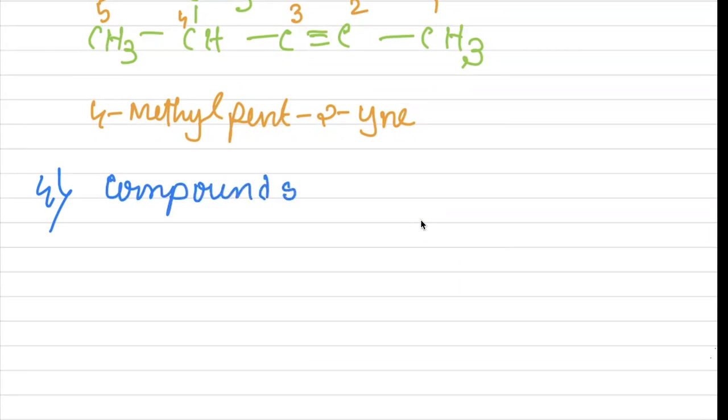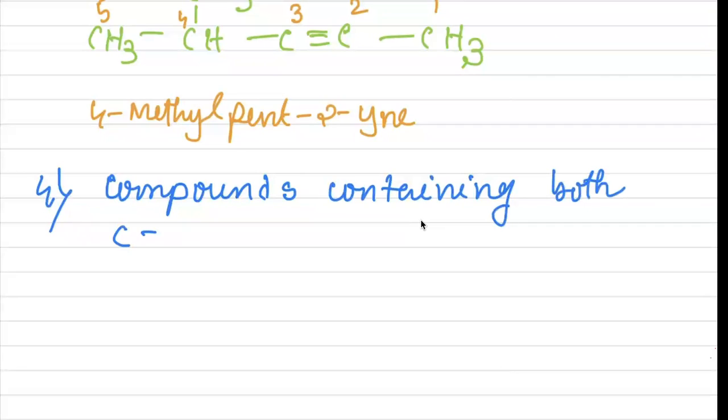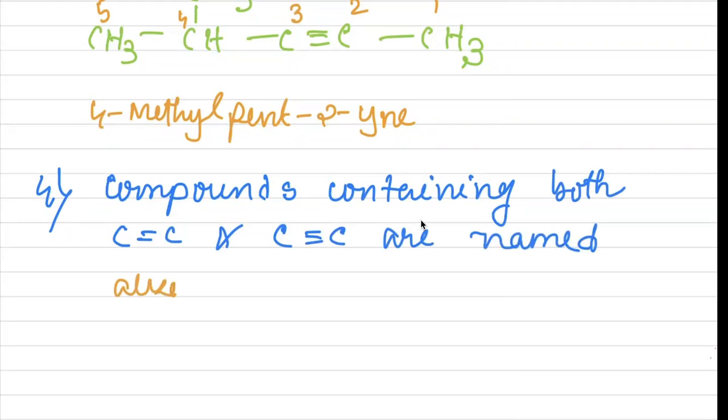Okay. Compounds containing both carbon double bond carbon and carbon triple bond carbon are named as alkenynes.